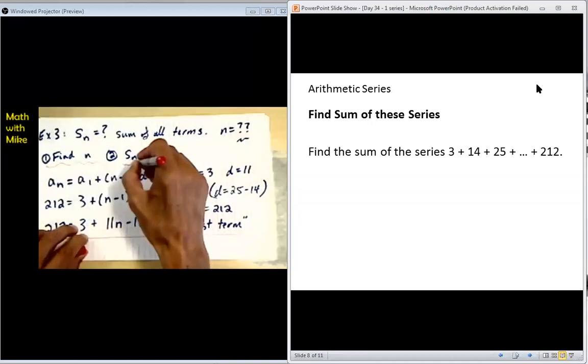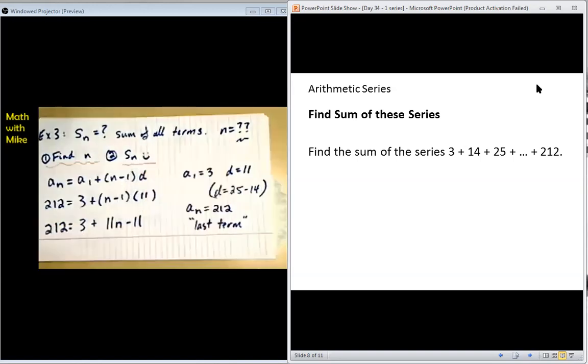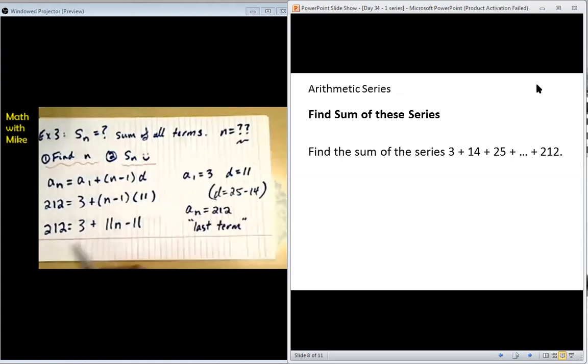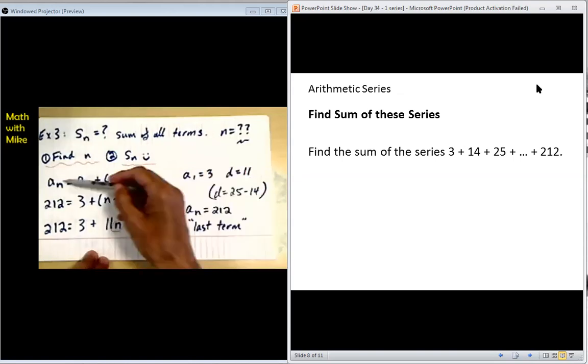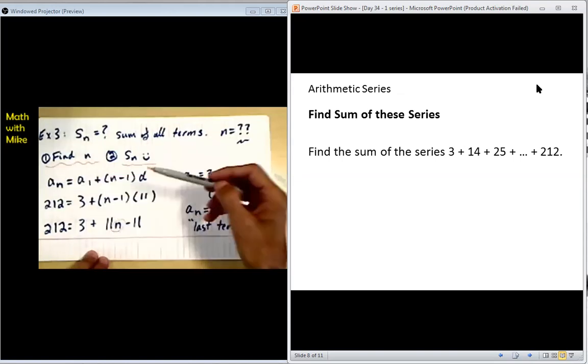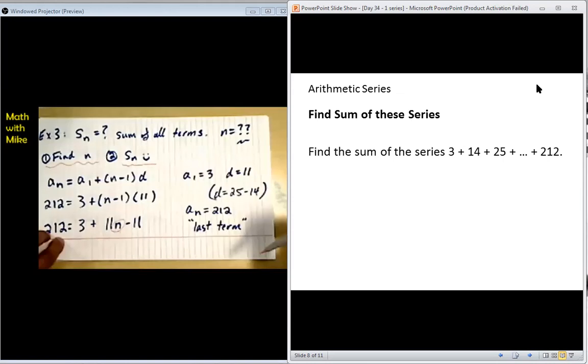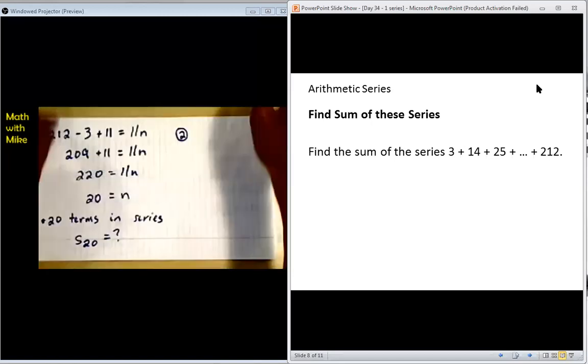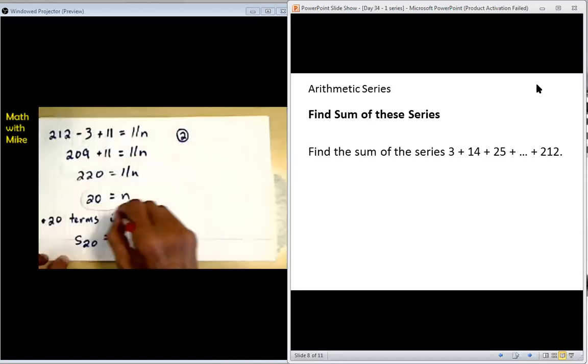Once we find n, then we're good to go. So this first part is finding what n is equal to using the general term formula. We put it all in there, have our list of facts that we know, and we get that n is going to equal 20.